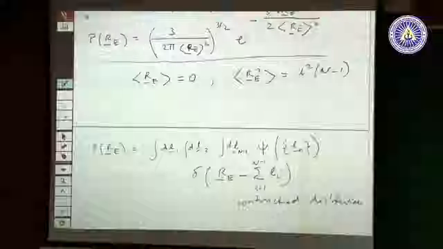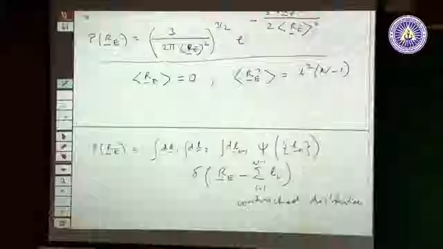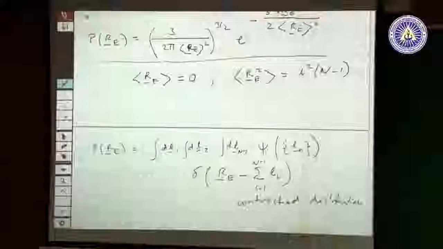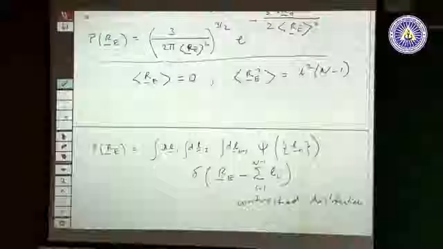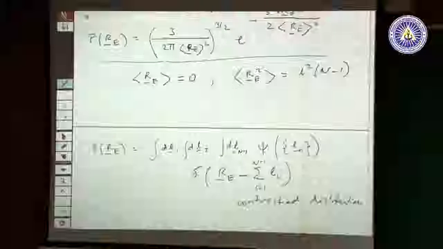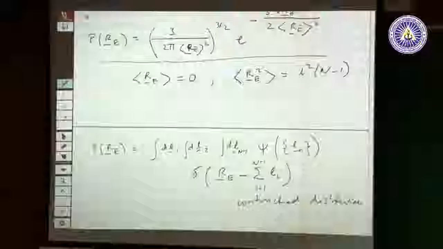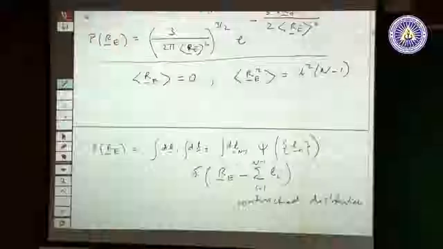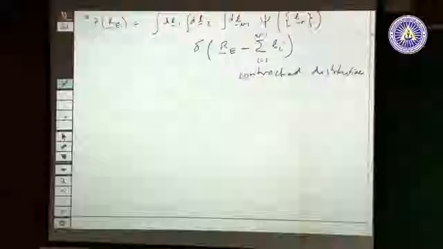So, just as you saw, the property of the delta function was to pick the value of the function where the delta function fired, right. And so, essentially you are saying, well, I have got this distribution function that describes all possible values that Li can take, but I only want it to fire when their sum is equal to Re. Okay. So, this is what we would have to evaluate formally.